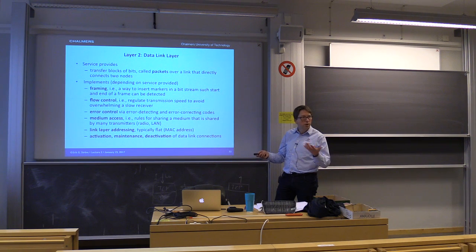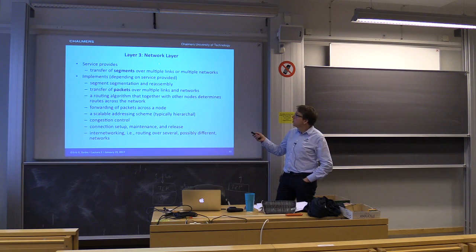Okay, so this goes quickly now through these slides. Network layer, responsible for transfer of segments over multiple links, and possibly also multiple networks. So many different things it needs to do, figure out routes and so forth.